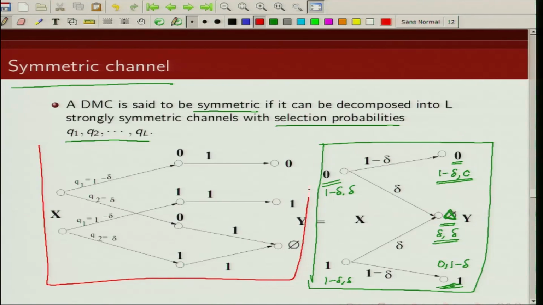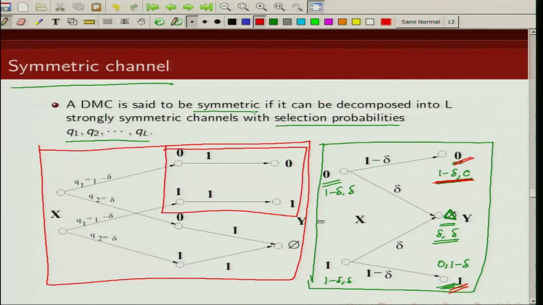Now look here. If you noticed, these inputs 0 and 1 have the same focusing, because these probabilities, when arranged in decreasing order, are 1 minus delta, 0 for both. So I can decompose this into two channels. One is the channel corresponding to the outputs 0 and 1, and the other corresponds to this particular output.